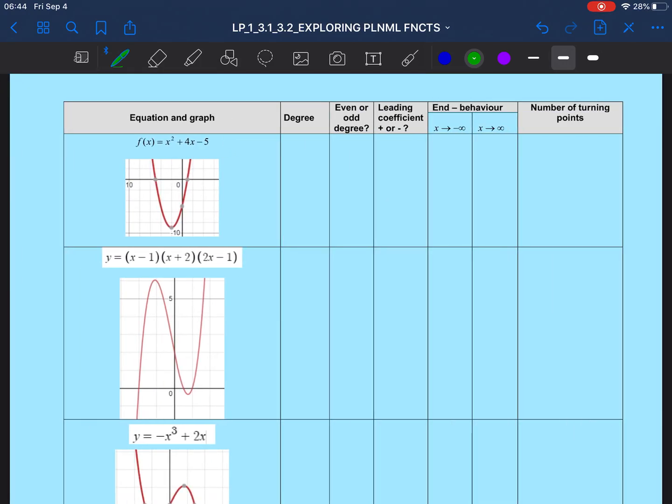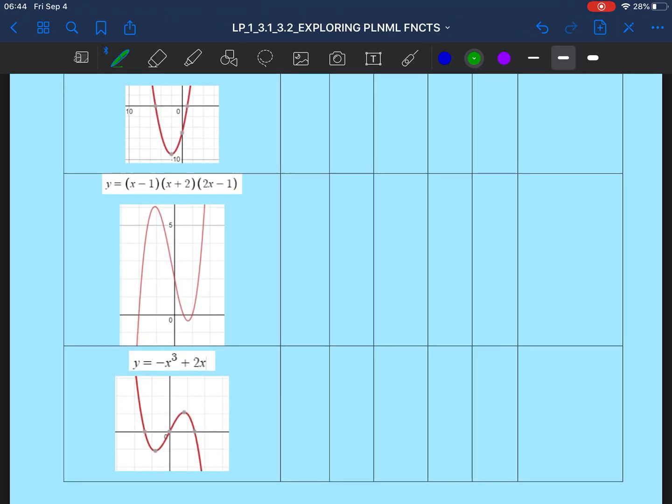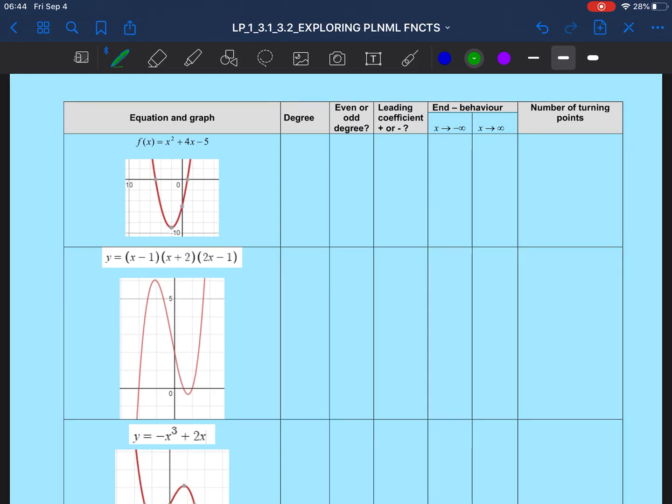Okay, so moving on to polynomial functions, we're going to take a look now at some more fun polynomial functions, so more complicated, so to speak. So here we have the equation and the graph of a function. The equation of this function is y equals x squared plus 4x minus 5, and here is its graph. So the highest degree of x here is 2.